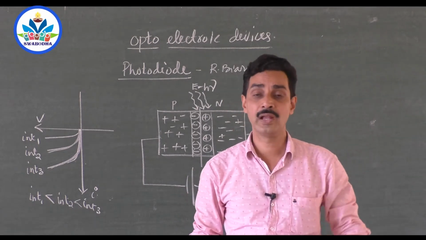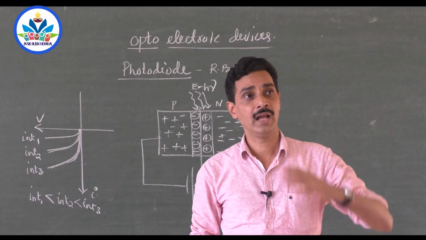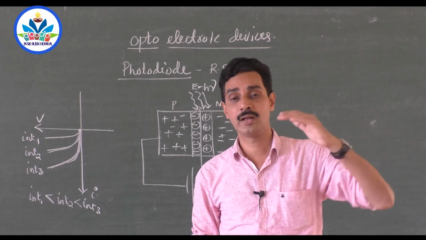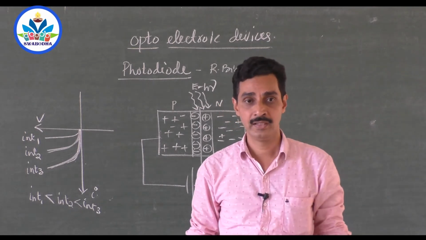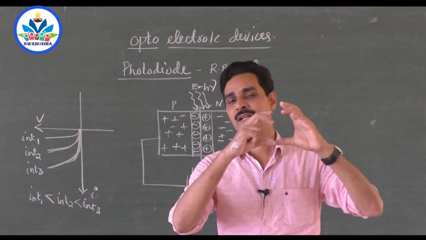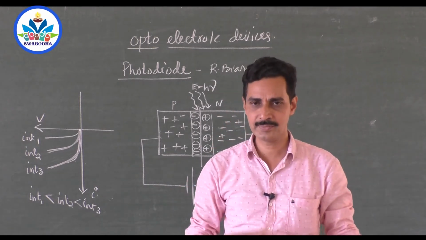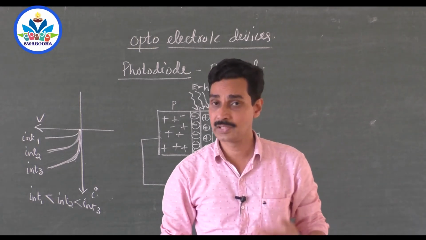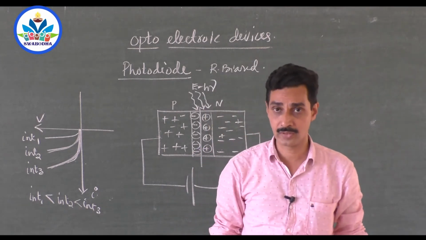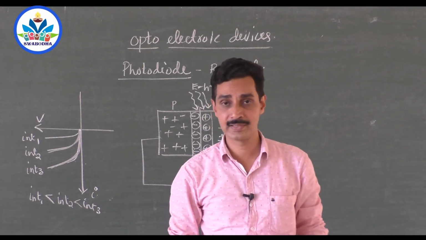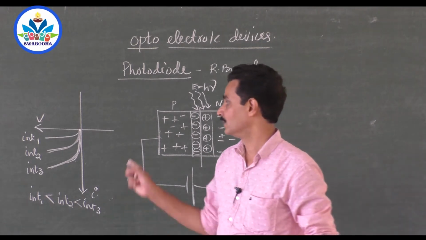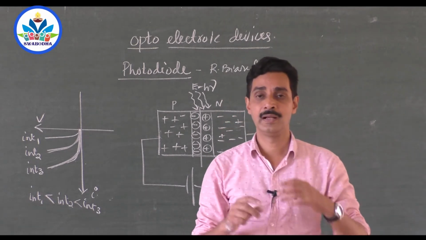And nowadays in a camera, we have automatic switching on and off of the flashlight. When the light from the object comes into the camera, it gets the signal, this much of light, whether it is enough to get a better photograph or not. If it is not enough, some signals will be sent to the photodiode.